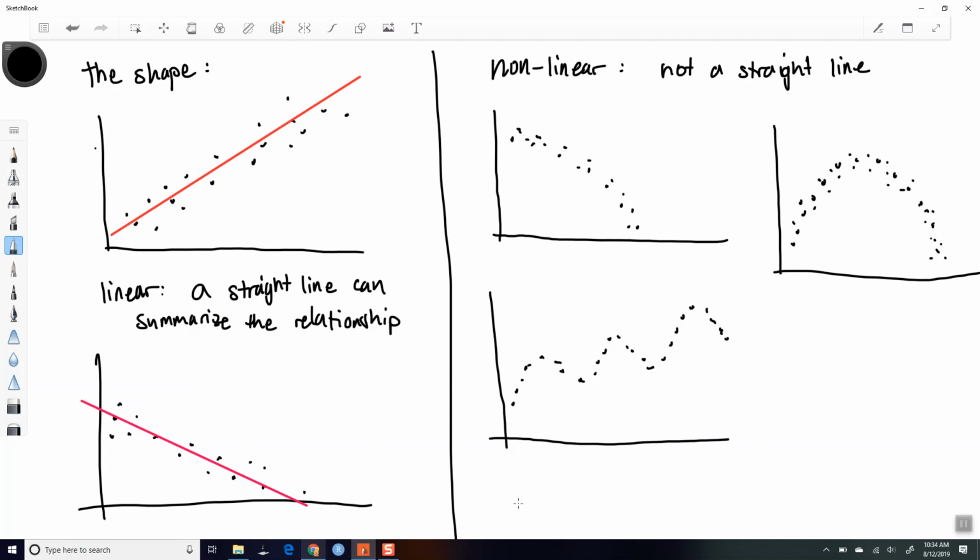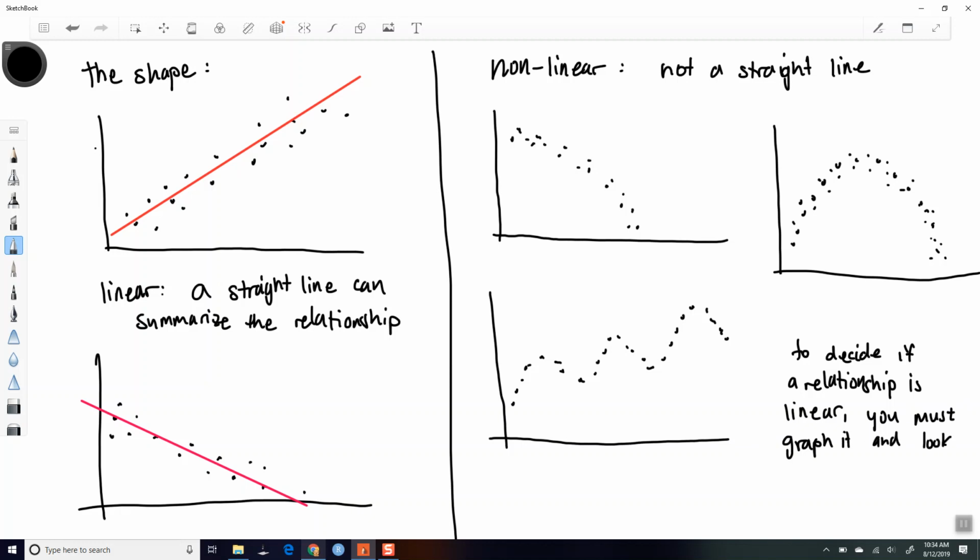Okay, so to decide if something is linear, you have to graph it. Okay. You must graph it and look. Okay.